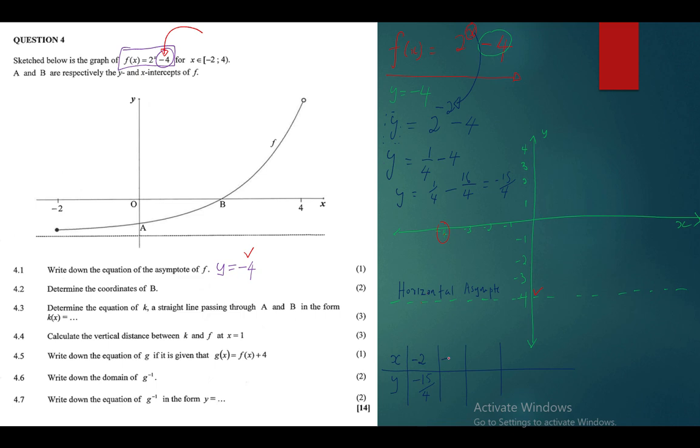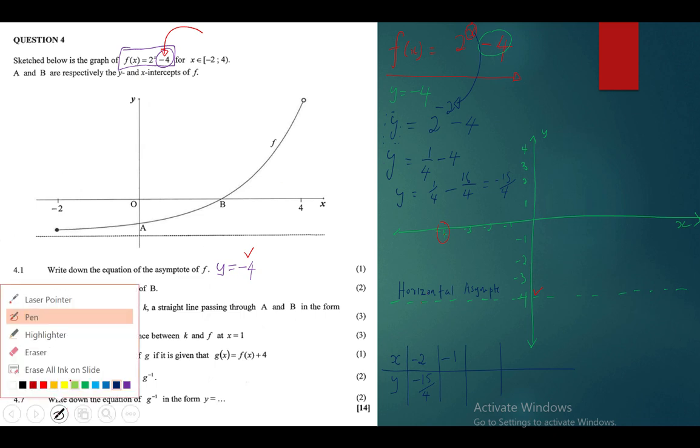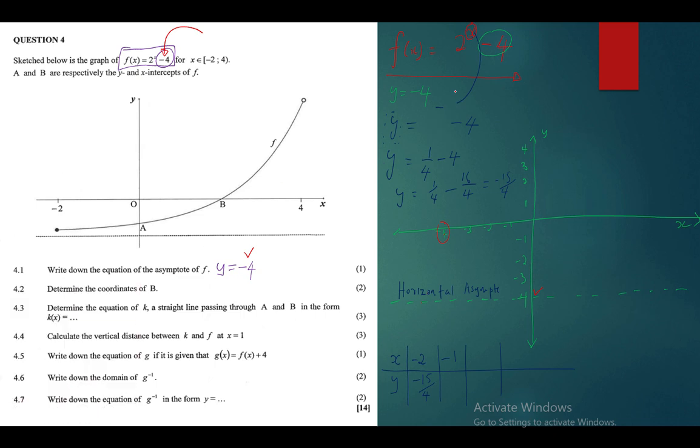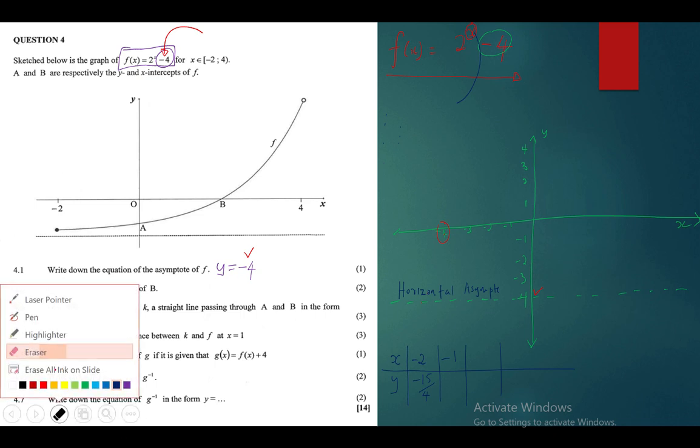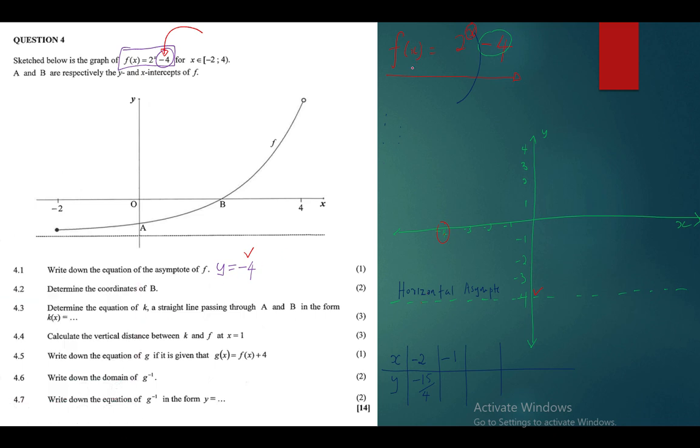So when x is minus 1, you ask yourself what is the value of y. So you go back to the same equation. Let me erase this part. So you have to ask yourself, when x is minus 1, what is the value of y? You come to this equation, you say y equals 2, and at x, you put negative 1 now.